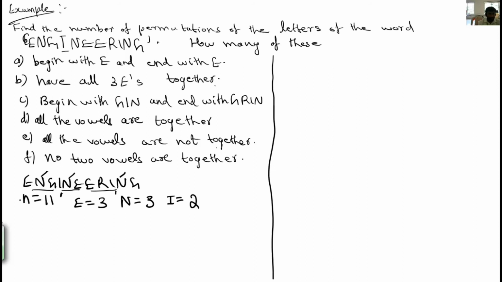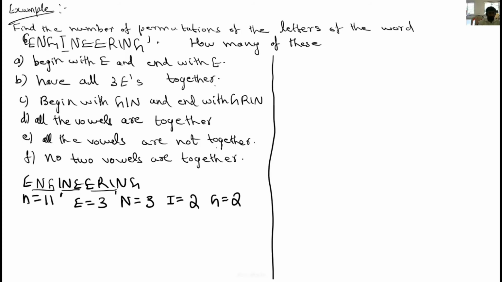Okay, so here E repeats 3 times, N repeats 3 times, and I repeats 2 times. And G, again check G, here one G is there, here also one G is there. G repeats 2 times.